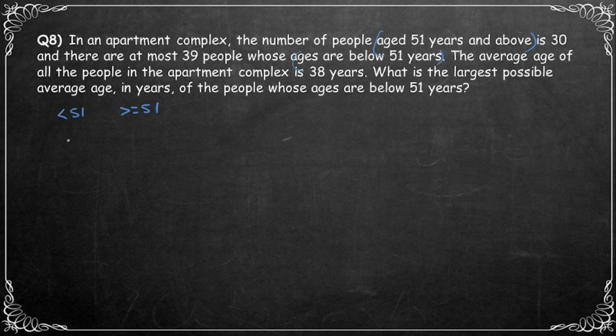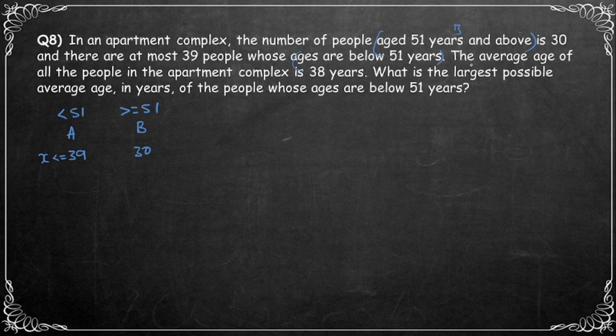Okay, so let us call this group of people A and this group of people B. Now it says that the number of people in group B is 30, and there are at most 39 people in group A. At most 39 means the maximum value is 39. So there can be 38 people, 37 people or something like that. Since this number is varying, I will take it as a variable x, whose maximum value is 39.